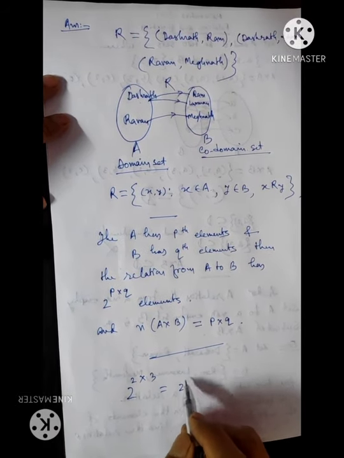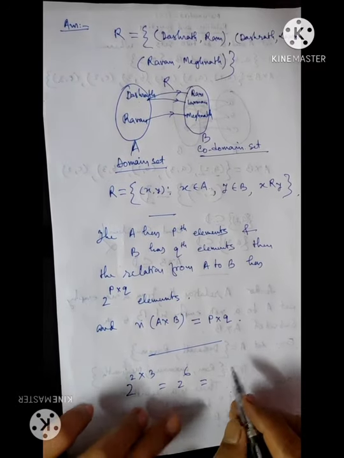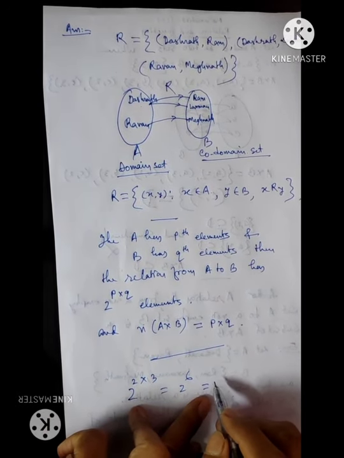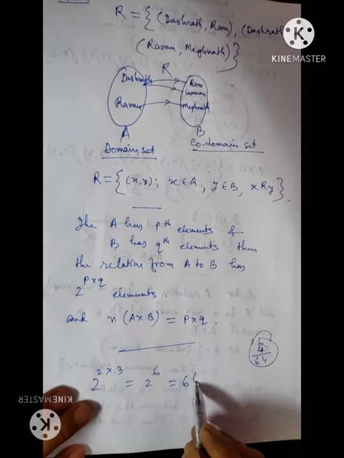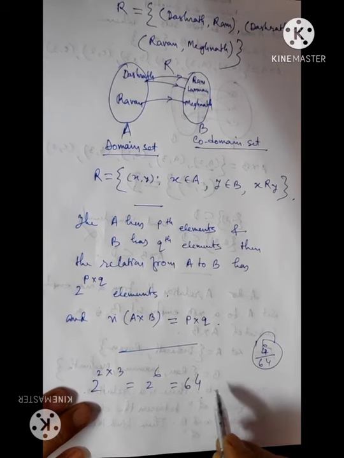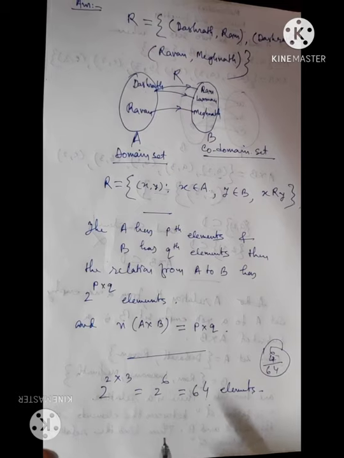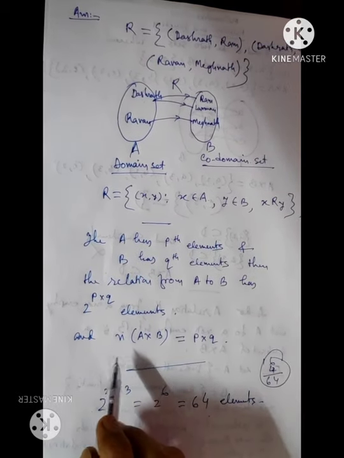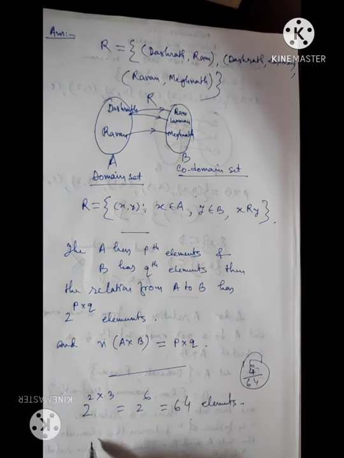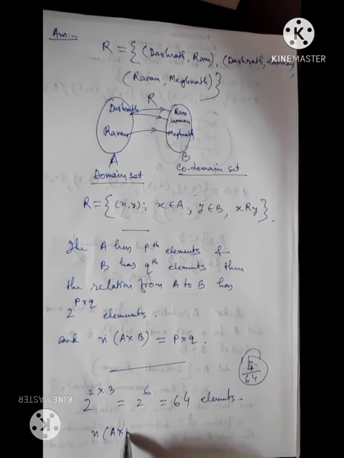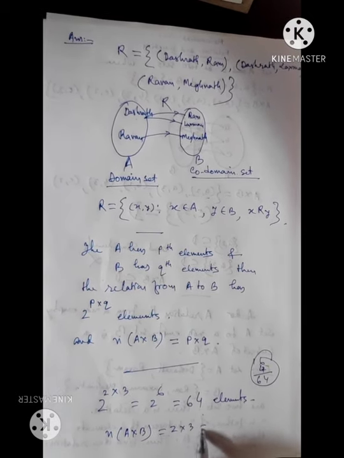That means 2 to the power 6, which means 64 elements. Similarly, we can calculate the number of elements of A cross B. The number of elements of A cross B is equal to 2 into 3, which is 6.